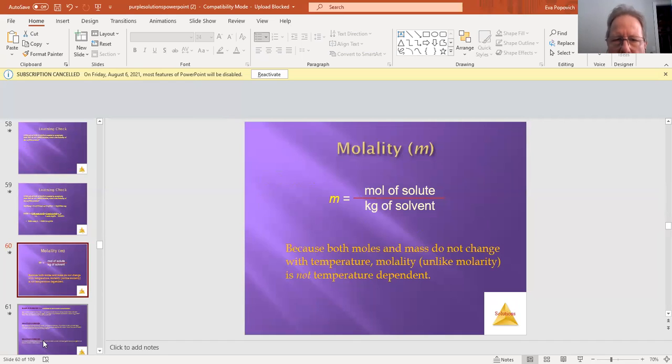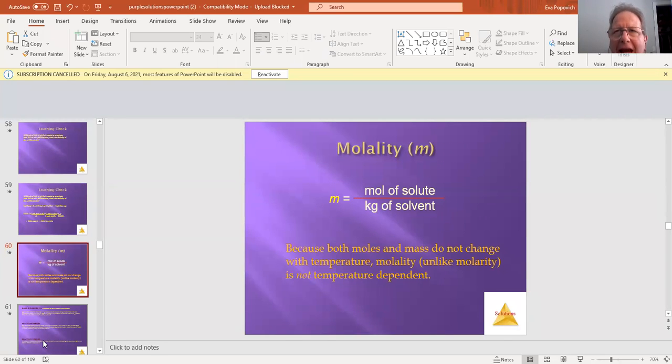Last concentration term. Because we can't use molarity when we have a temperature change, we have to figure out a new concentration term that doesn't depend on liquids. That new term is called molality.